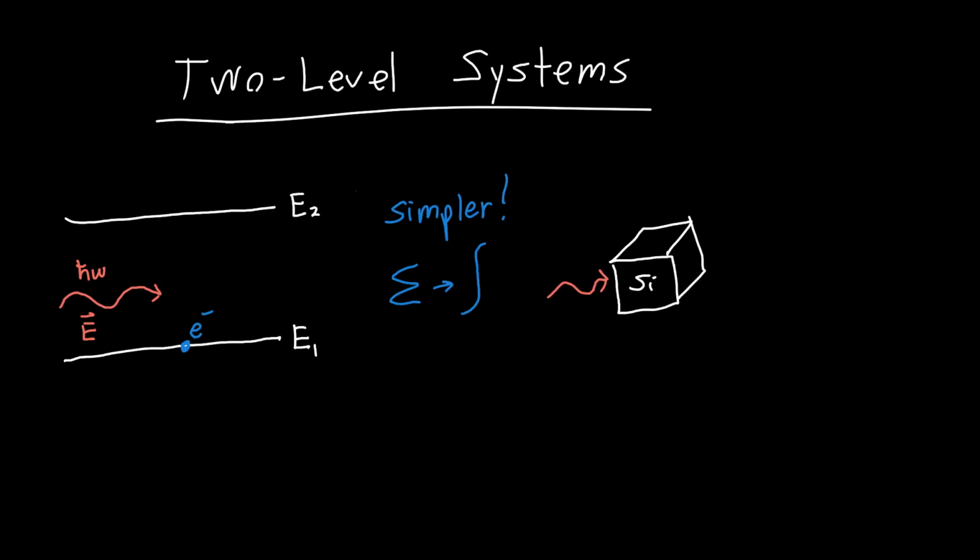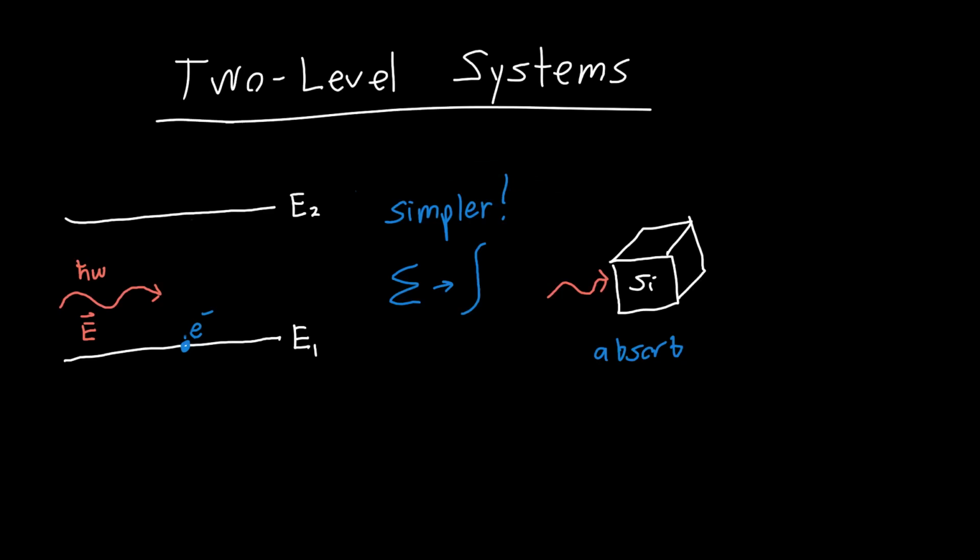We might intuitively expect this semiconductor to absorb some of the incoming photons, depending on their frequency. So we expect this electron to transition from this low energy state to this high energy state. And in this video, we're going to actually use Schrodinger's equation to derive exactly what happens in this situation.